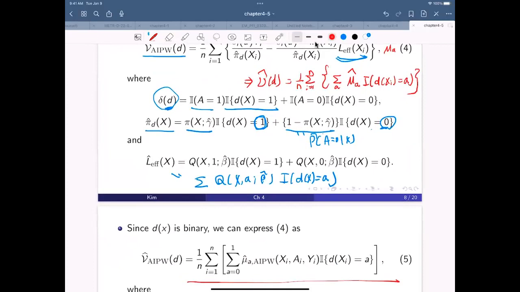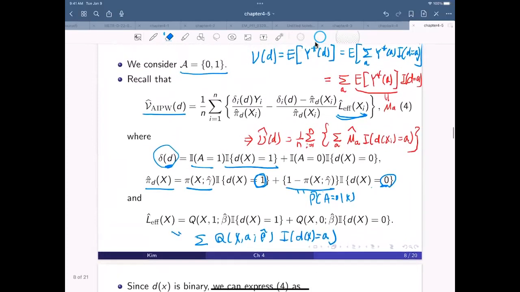If you compare this and this, it should be mu hat A of X_i, right? That's right, thank you. So this is not exactly true, but okay.